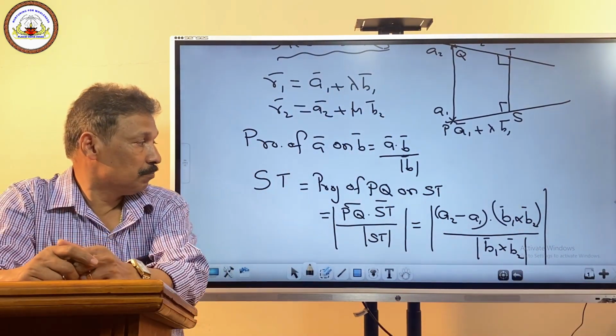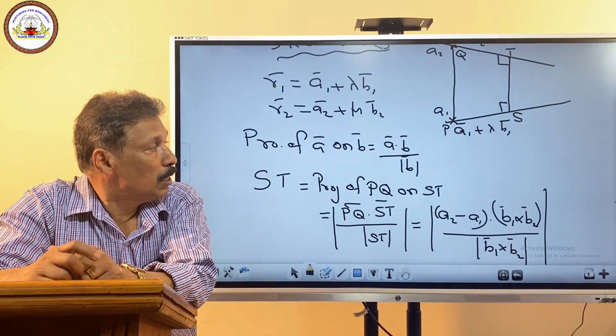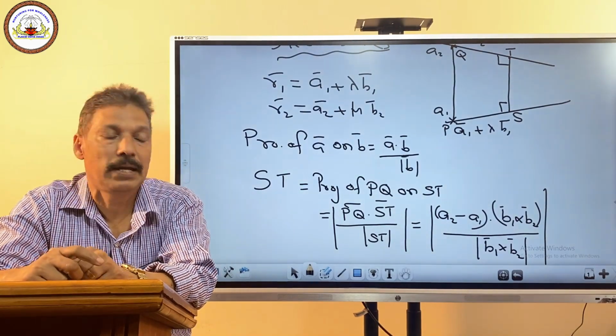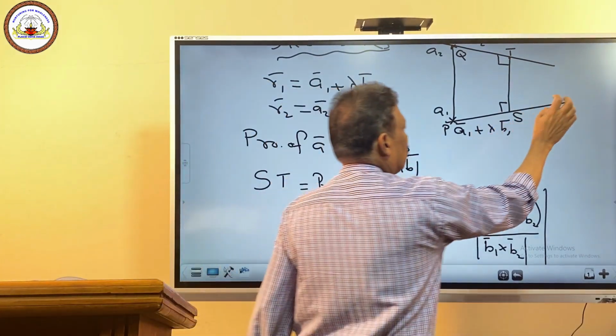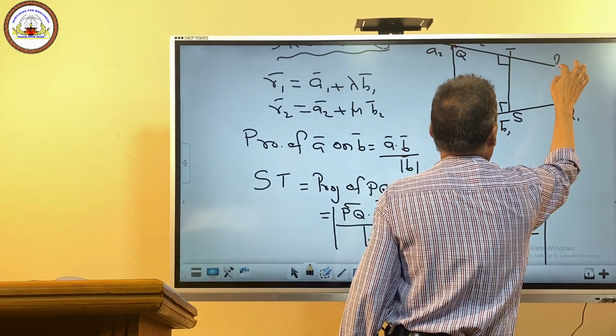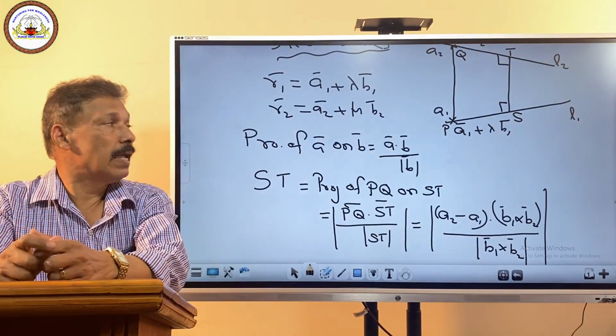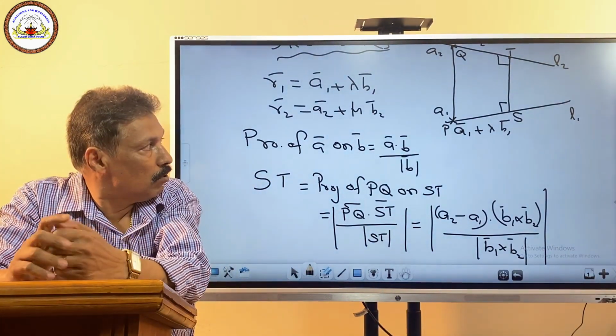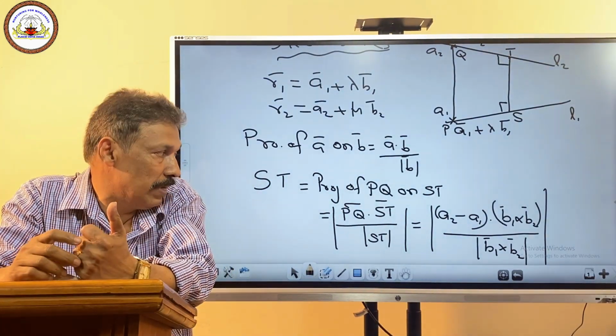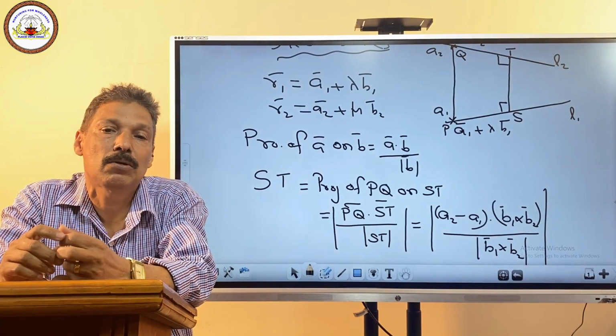This is our L1 and this is our L2. ST is a vector which is perpendicular to both L1 and L2. A vector perpendicular to both vectors B1 and B2 is B1 cross B2.